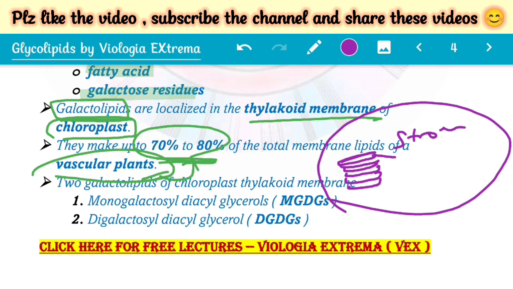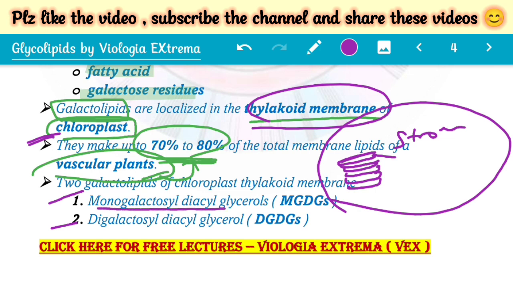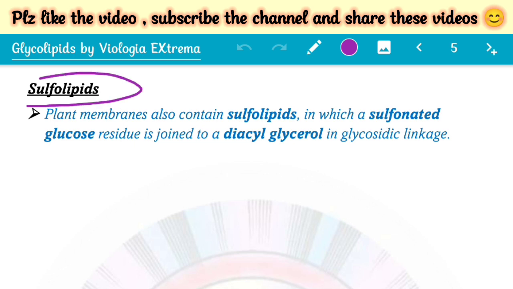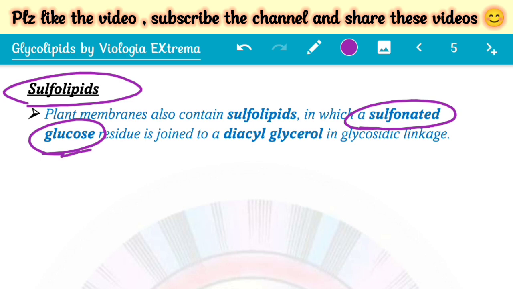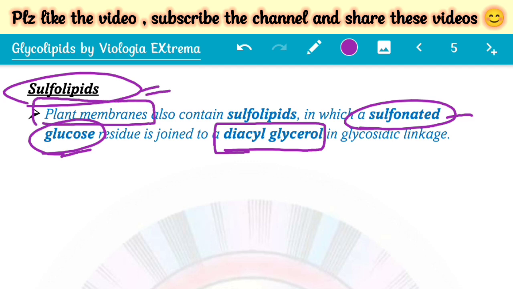The membrane of these thylakoids contains these galactolipids. These two examples we have already studied: monogalactosyl diacylglycerol and digalactosyl diacylglycerol. And if the carbohydrate moiety is a sulfonated glucose residue attached to a diacylglycerol molecule, then we refer to them as sulfolipids. These are also found in plant membranes. Clear?